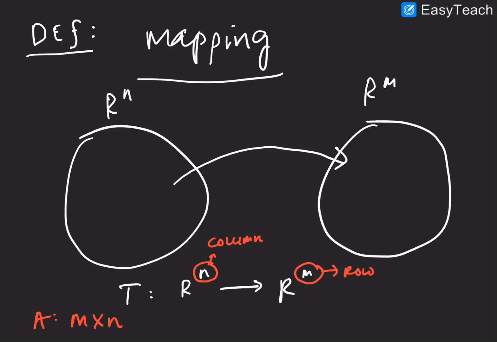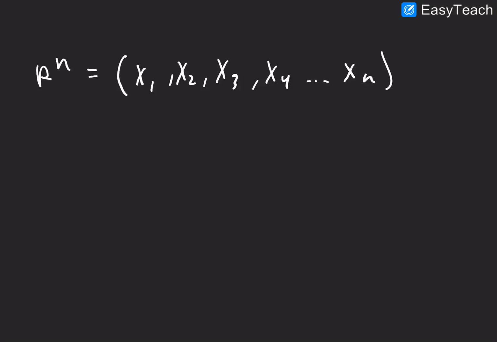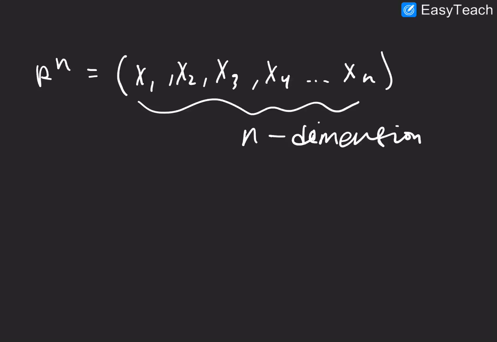So our Rn will consist of column vectors, what we call them. So you have x1, x2, x3, x4, up to xn. So these are all n dimensional. The n is basically representing the column vector or subspace of column n. I'll write that down.